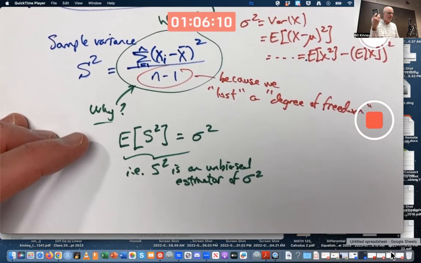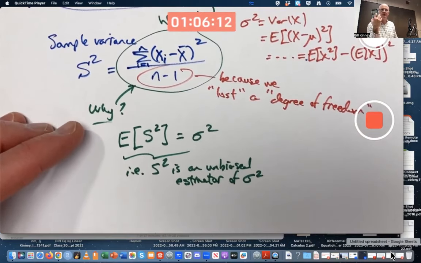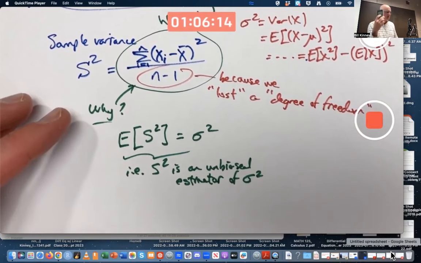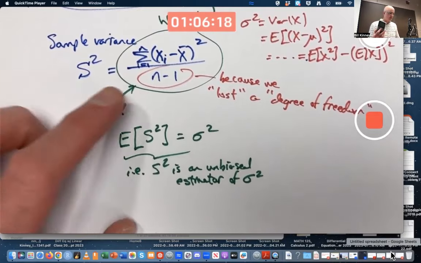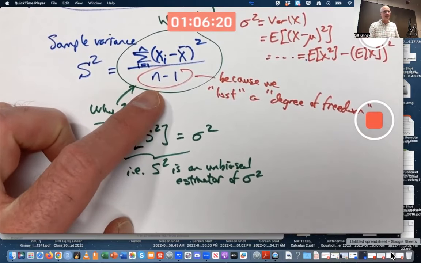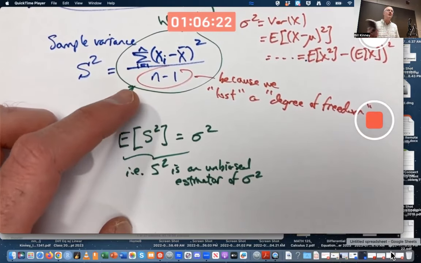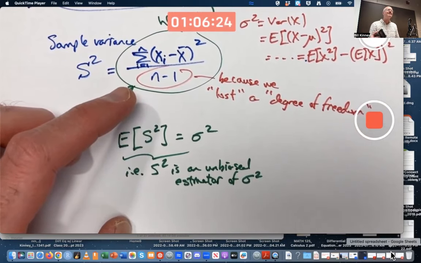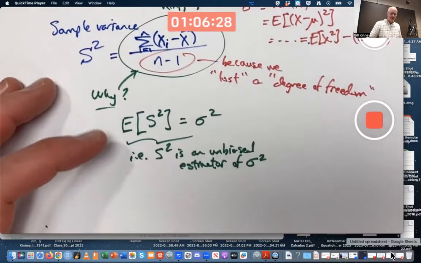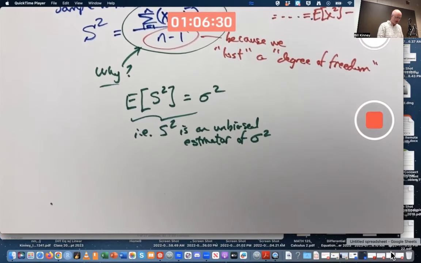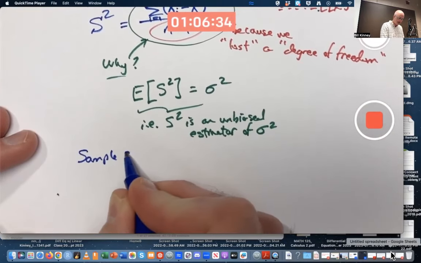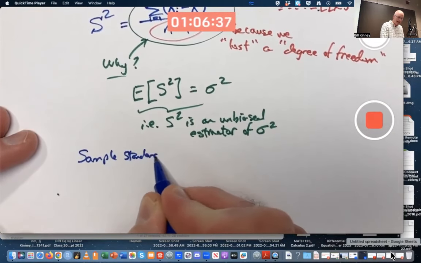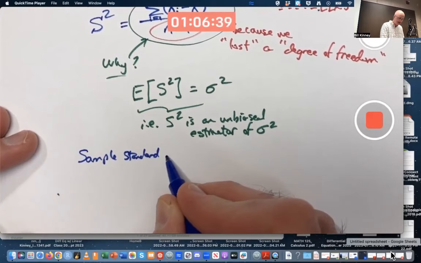Calculators will give you two observed values, one for the square root of this and one for the square root when you divide by n, called the sample standard deviation, or population standard deviation. Yeah, S, the sample standard deviation, is another statistic.